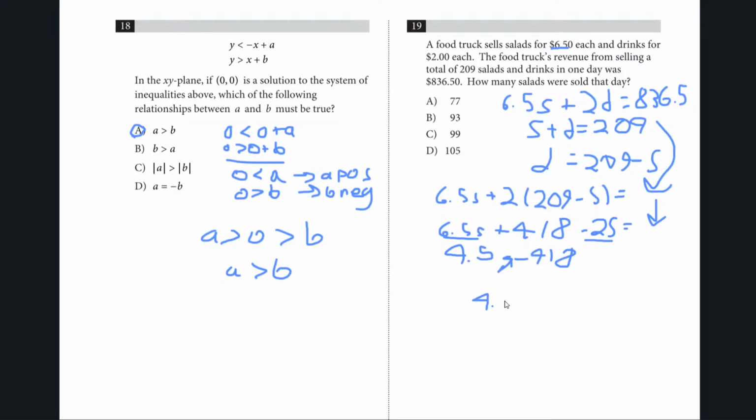So we have 4.5s is equal to 418.5. Divide 418.5 by 4.5, and we get s is equal to 93. So we sold 93 salads that day.